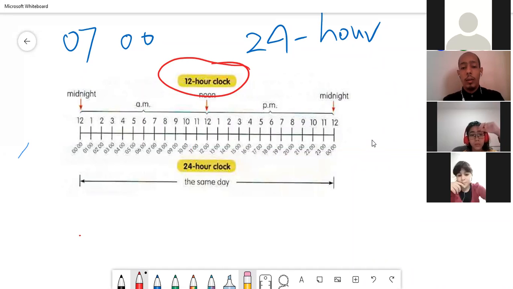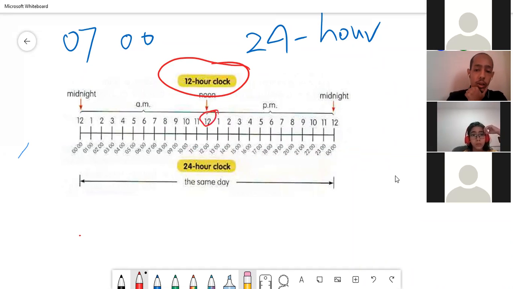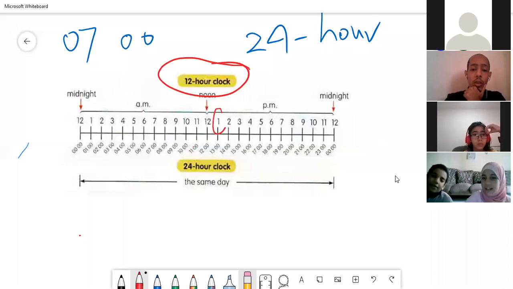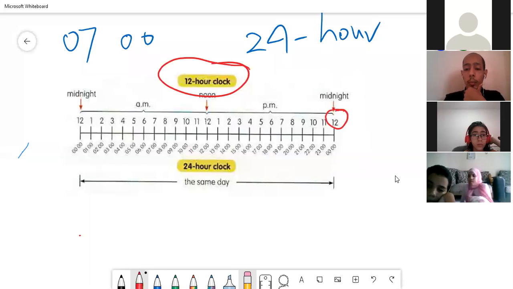But not like the 12-hour clock system, where we start counting the time again from 1, right? We don't say 13 with the 12-hour clock, right? But with the 24-hour clock, we say 13, 14, 15, and so on, until it is 12 midnight again.